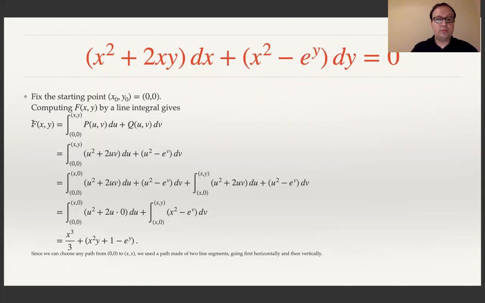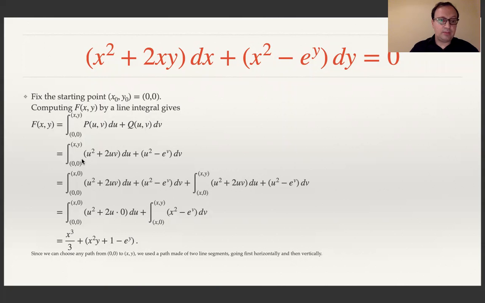And there is no simpler choice for the starting point, if we are allowed to make any choice, than the point of coordinates (0, 0). So let's make this choice. Let's start our line integral at the point (0, 0). So then we have the integral from the point (0, 0) to the point (x, y) of P(u, v) du plus Q(u, v) dv.